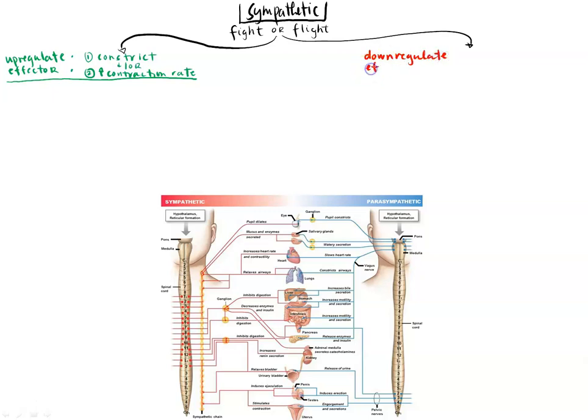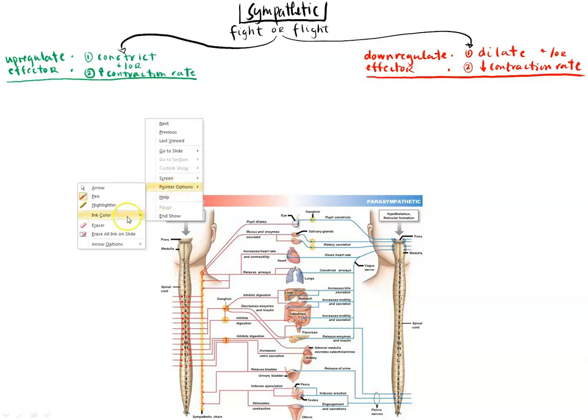If I downregulate the effector, I'm going to either dilate or relax that smooth muscle, leading to dilation, and/or decrease contraction rate. Bam! Now I'm going to change my color to black.